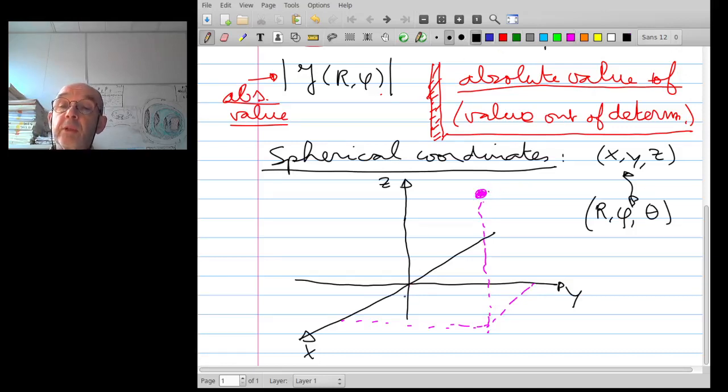You have the origin. You have some line from the origin going to that point. Now, you look at the x-axis, and if you go in the xy plane, you have the radius and the phi.